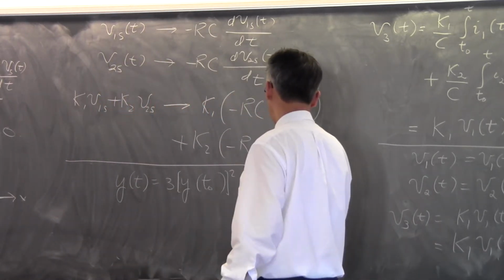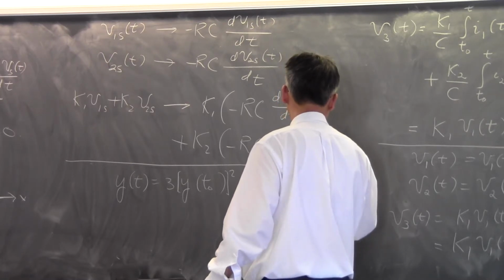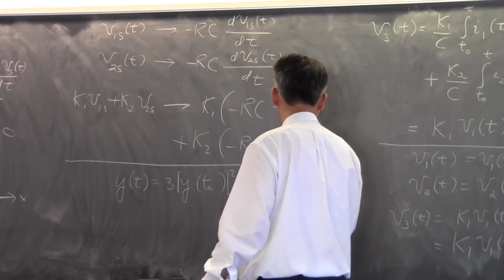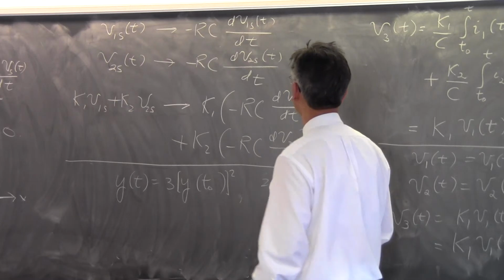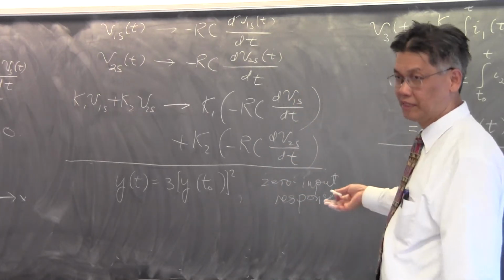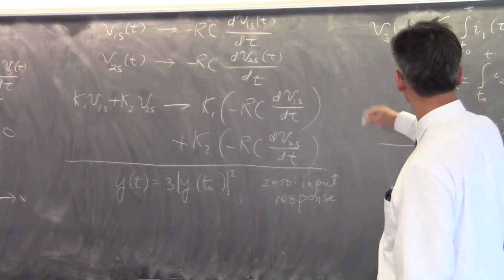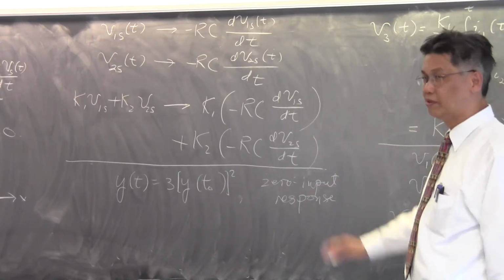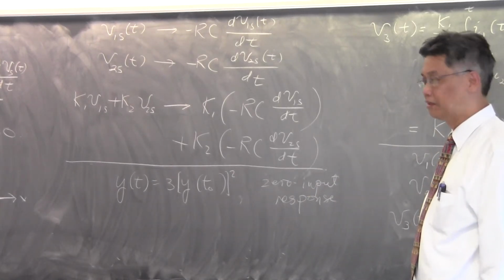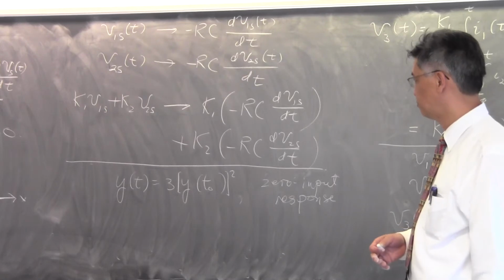Okay, this is the zero input response. That means that you set the input to be 0 so that the integral part goes to 0. So you only have the state part coming out. Is this a linear system?